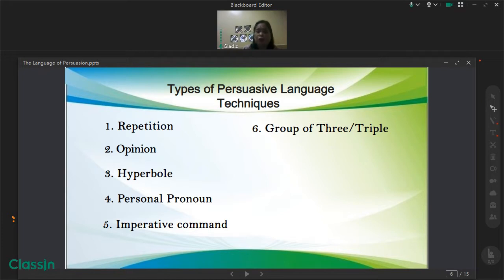Most of the time these are a group of three adjectives, and sometimes a group of three nouns. So, for example, blood, sweat, and tears. That is a group of three nouns. Cool, calm, and collected. You can use that in ads or in campaigns as a persuasive language technique.